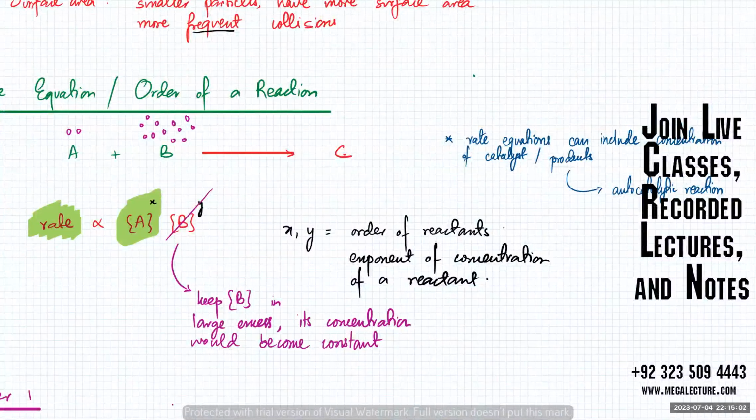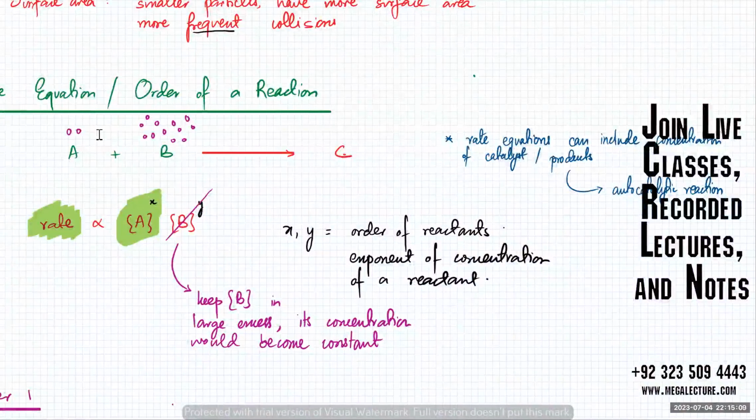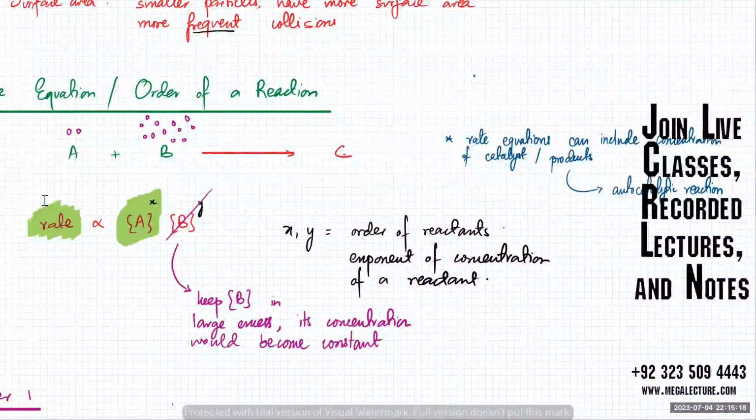Was that clear? Could you please repeat the last point? I mean, the last point was that I said that the rate is dependent on the reactants, right? But I also added that sometimes the rate is also dependent on the catalyst. So maybe the catalyst concentration is also part of the rate equation or relationship.